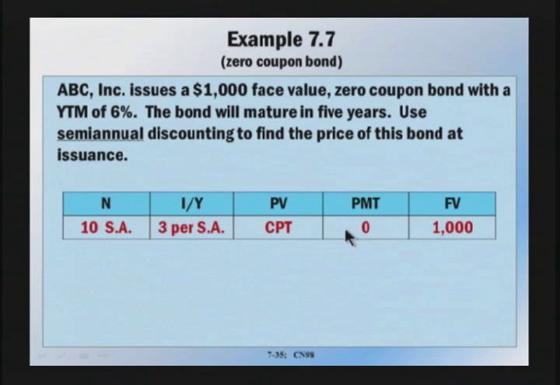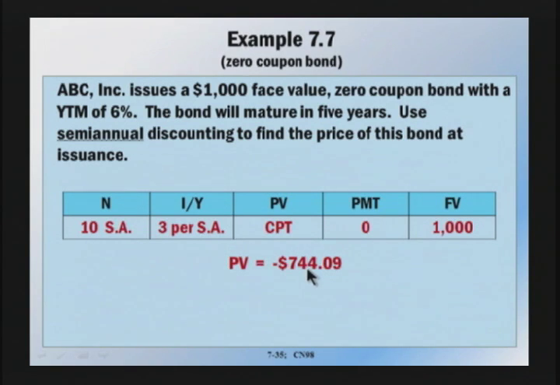There is no payment involved. We'll compute certainly a price below the par value, the minus sign meaning that we would pay out $744.09 in order to get back $1,000 at maturity. This bond is selling at a discount of $256 below its $1,000 par value.